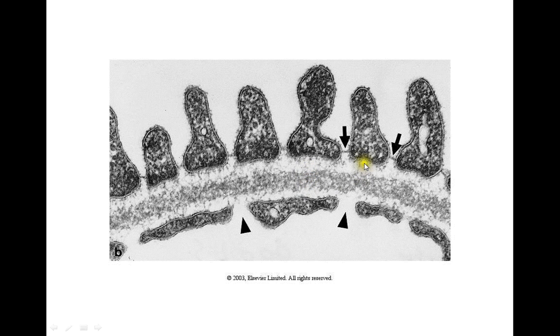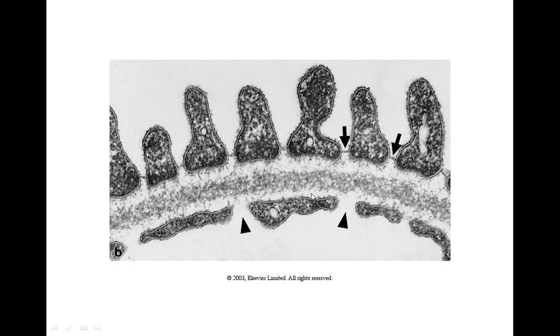As you see, the GBM by itself consists of three different parts. This part and this part are lucent, and this part in the middle is dense. This part is known as lamina rara interna, and this part is known as lamina rara externa.